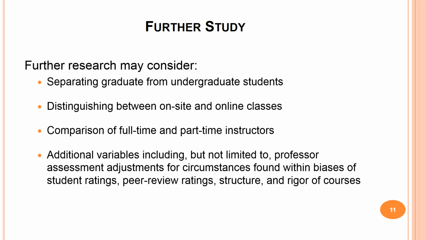So that would be another variable for consideration. Again, is it on-site or online classes? We're talking about adjuncts primarily, but a few full-times are online. But that would be something to segregate as another variable.